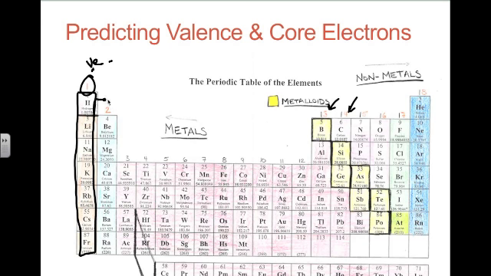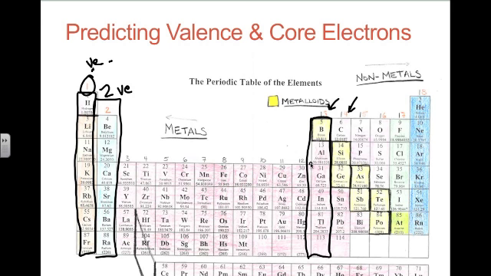Everything in the second column will have two valence electrons. Everything in my 13th column, or in some cases labeled 3A, is going to have three valence electrons. So you see that the column number is very useful in predicting how many electrons an element has in its outermost shell.